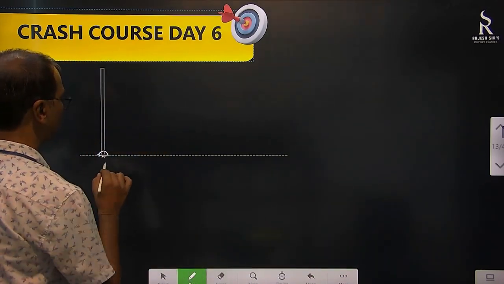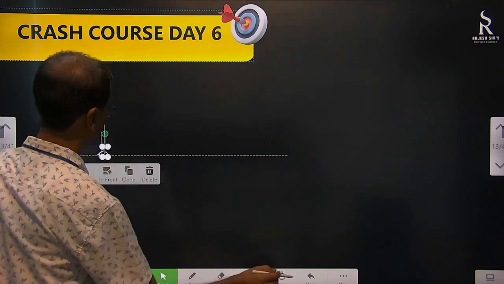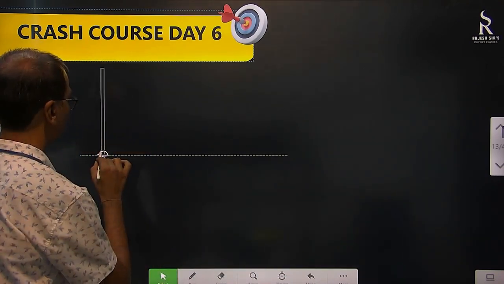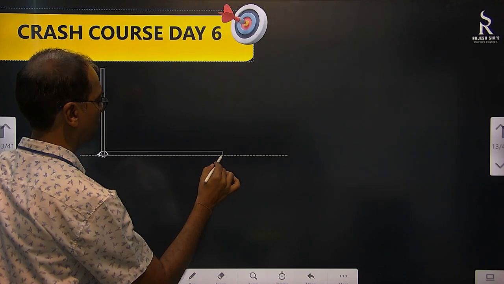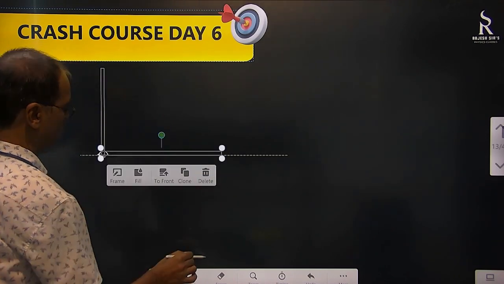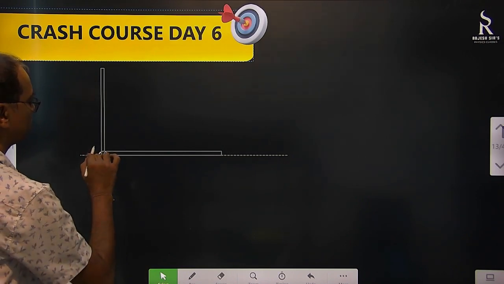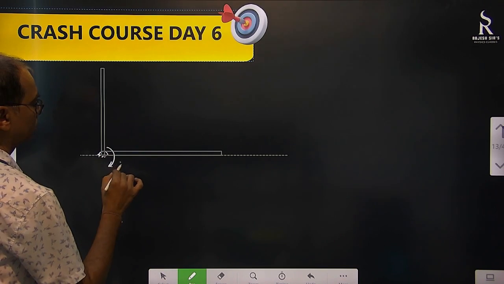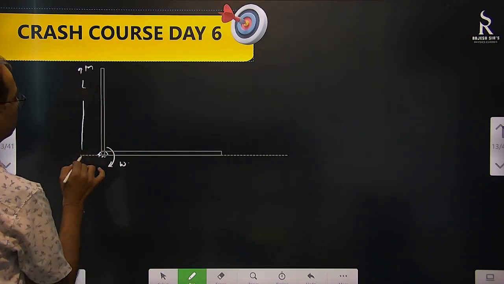The question asked is: when this rod is going to touch the ground, with what angular velocity is it going to touch the ground? Mass is m, length is l.